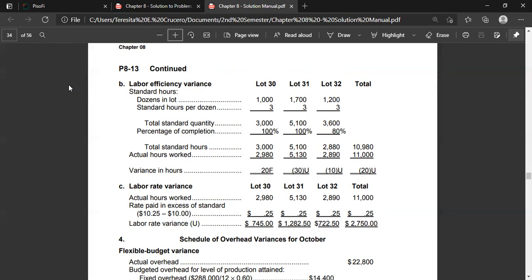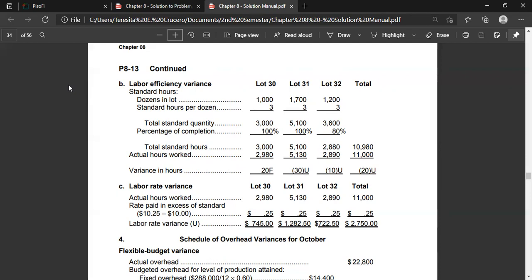Now for letter C, we'll determine the variance. For letter C, prepare a schedule computing total flexible budget and production volume. Indicate whether favorable or unfavorable.